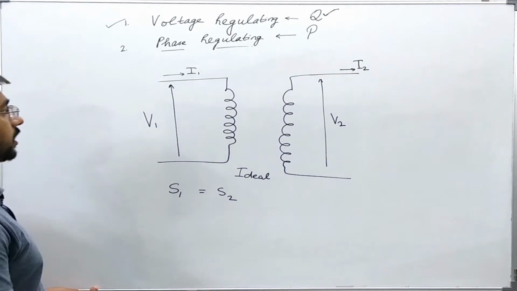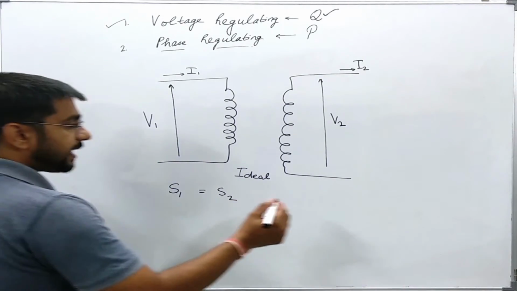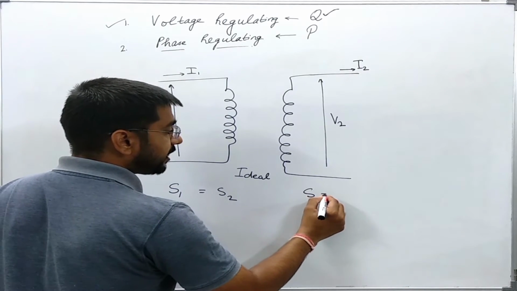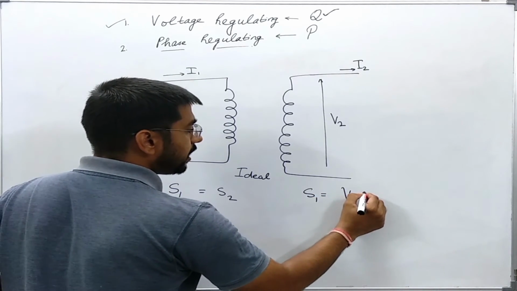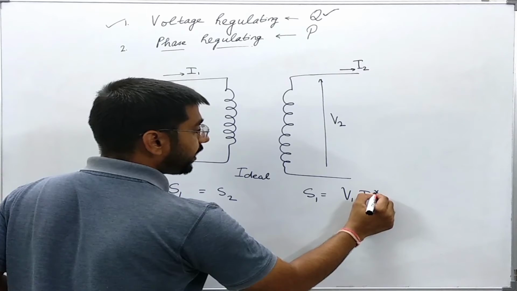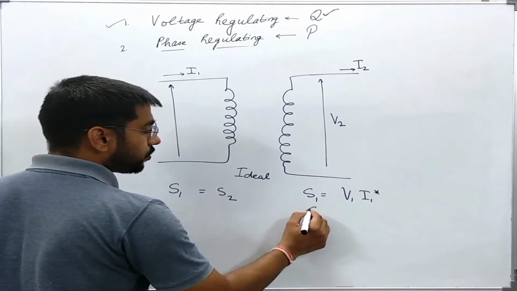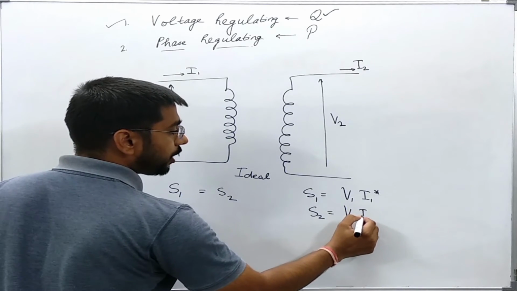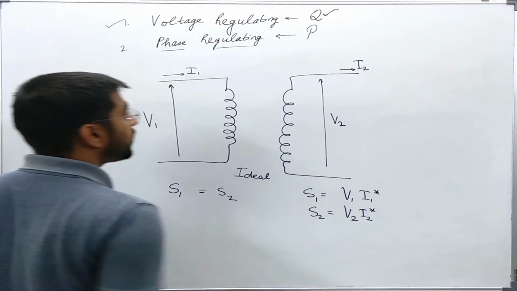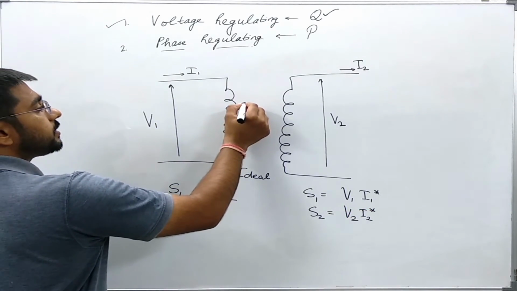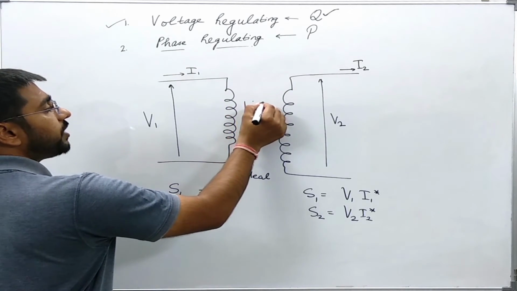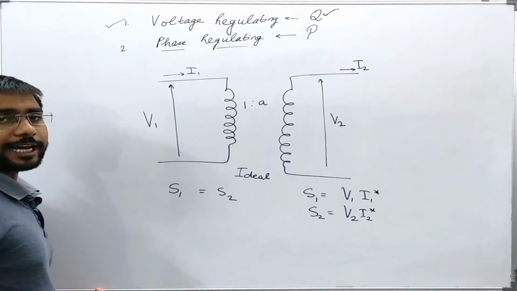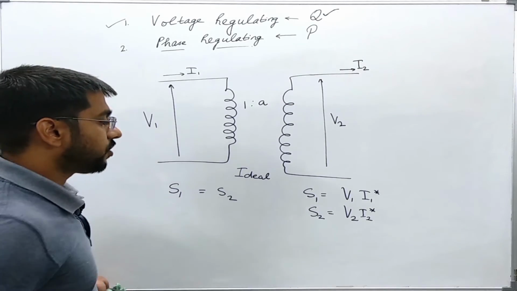Now, what is S1? S1 is nothing but V1 I1 conjugate. What is S2? It is nothing but V2 I2 conjugate. Now let us say this is a 1:A transformer ratio transformer.